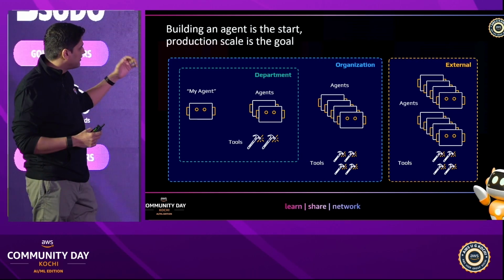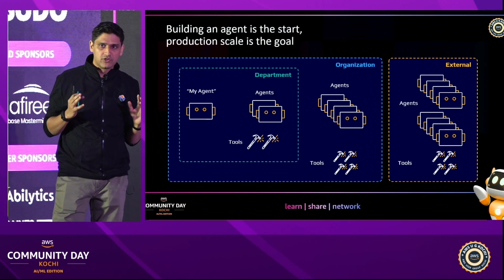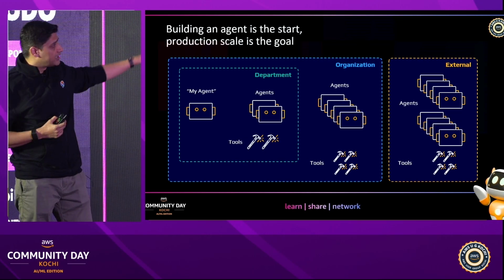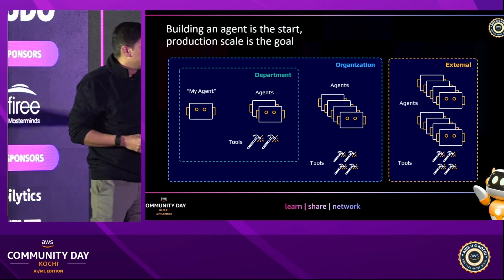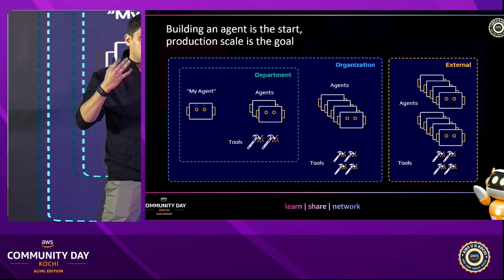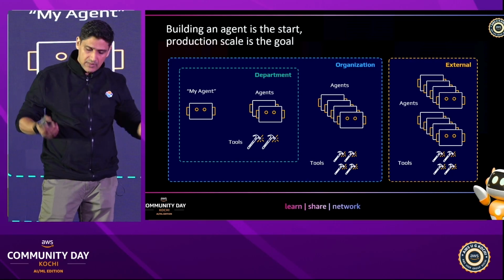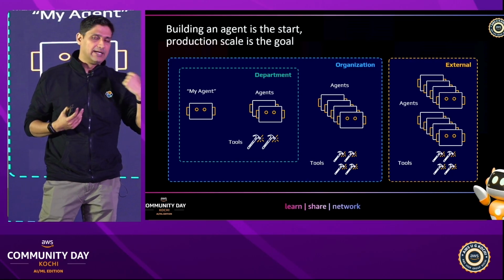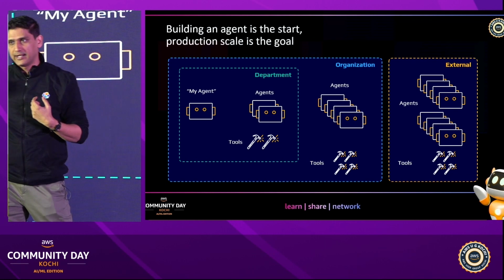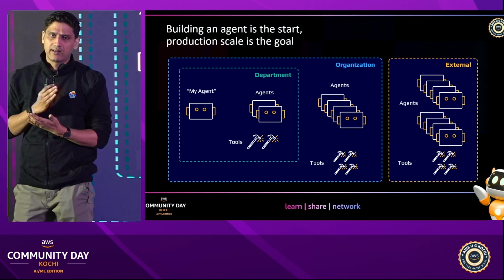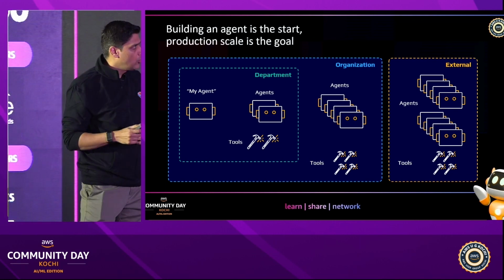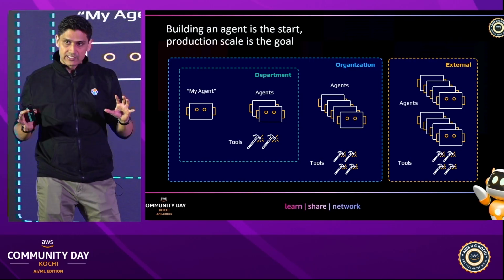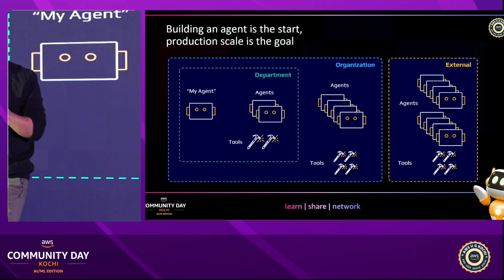If I am there, I'm creating my individual agent for my own purpose, but at the departmental level, there are other agents, and you're going to build some other agents to do some process, maybe to read from a PDF file, crawl the data or something. You're going to create agents for individual tasks. Now, you will end up creating many agents, n number of agents. How are you going to handle that?